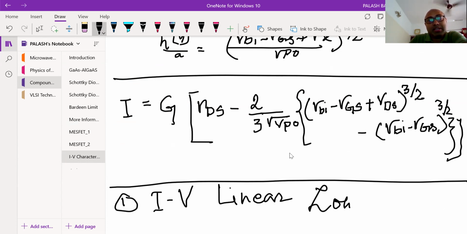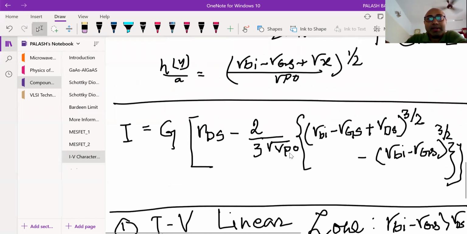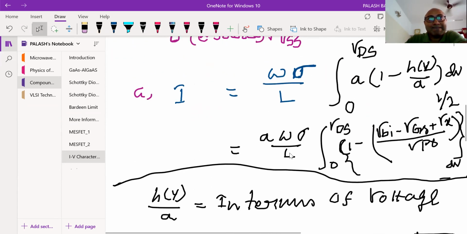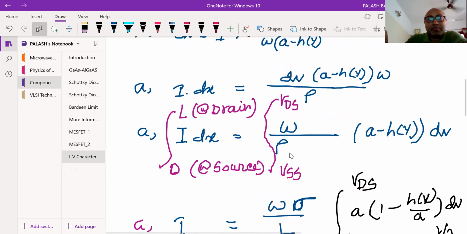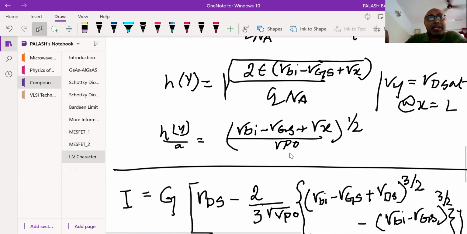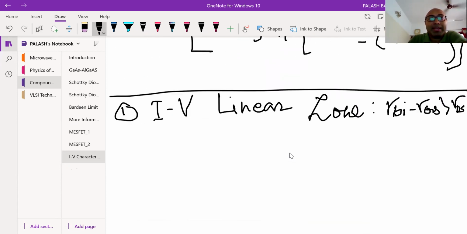So which is your work, which I am not going to do. What is the linear zones? Linear zones means VBI minus VGS greater than VDS. Right? You understand this part? So let me draw it here itself instead of going back. If it is a linear mode, linear zones means like this zone of the IV characteristics.